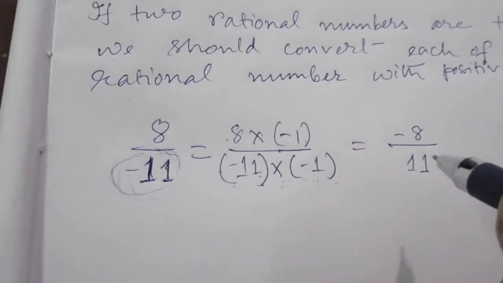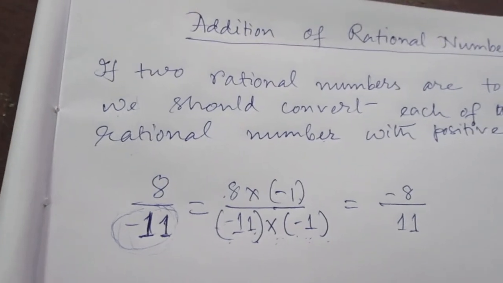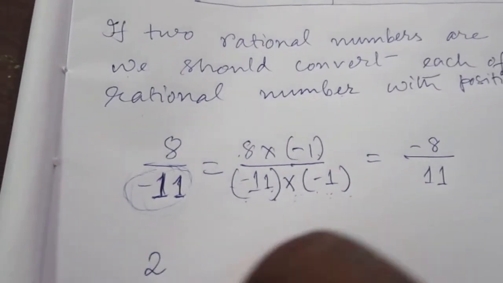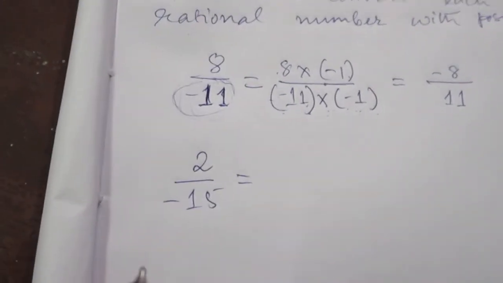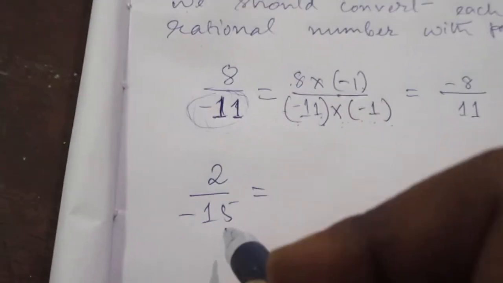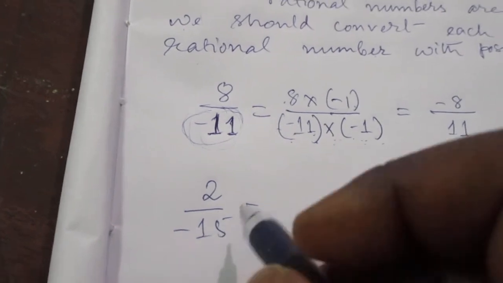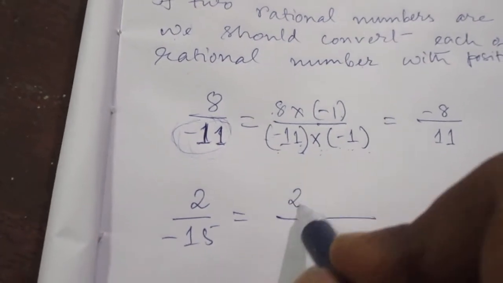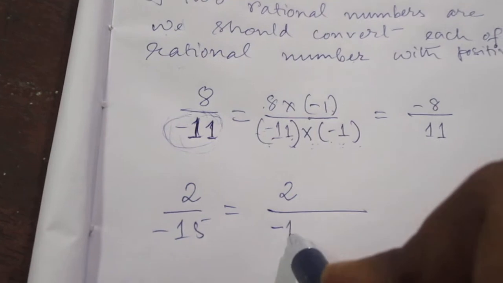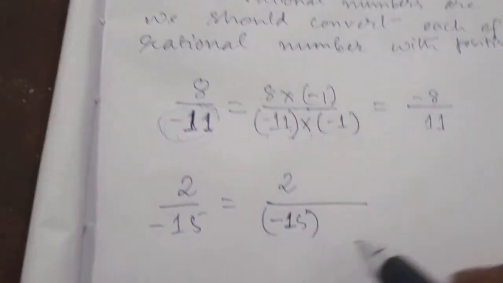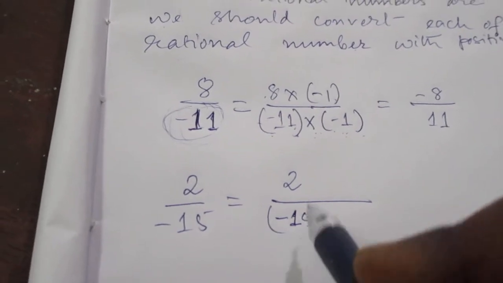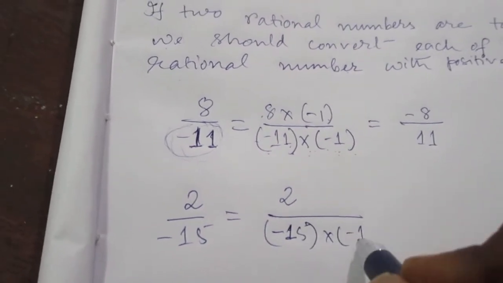Let us take another example. Suppose 2 by minus 15. Here also the denominator is negative, so how can we convert it into positive? Simple, as I explained. 2 by minus 15: here is minus 15, so I have to multiply with minus 1.